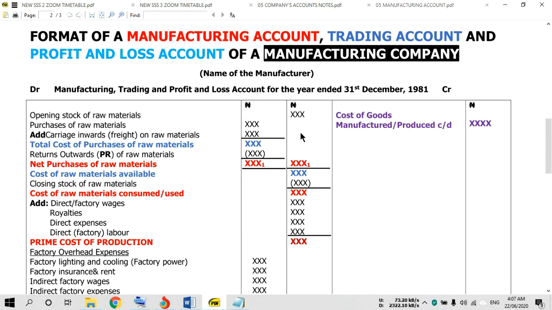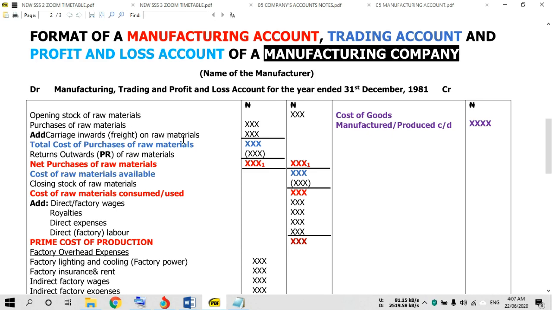So there won't be two Naira columns, but only one column, if there is no carriage inwards on raw materials.